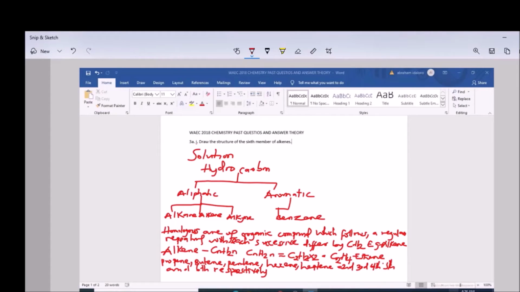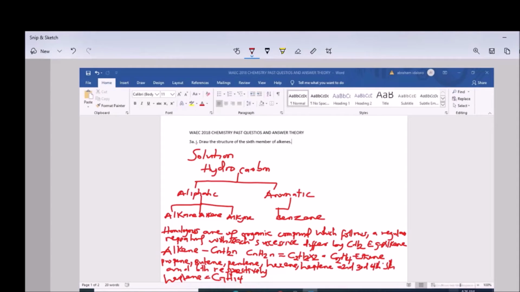Then we have to provide the structural formula of heptane. So heptane is equal to C7H14. So we calculated this from the general molecular formula.